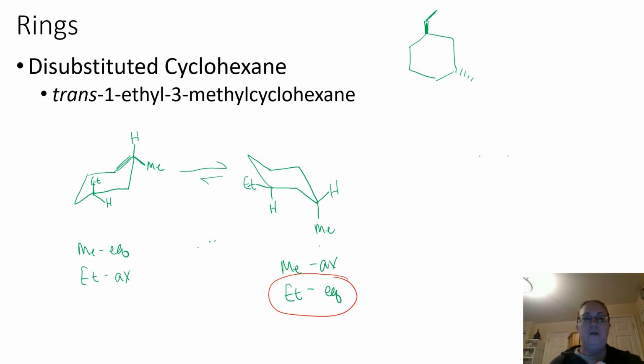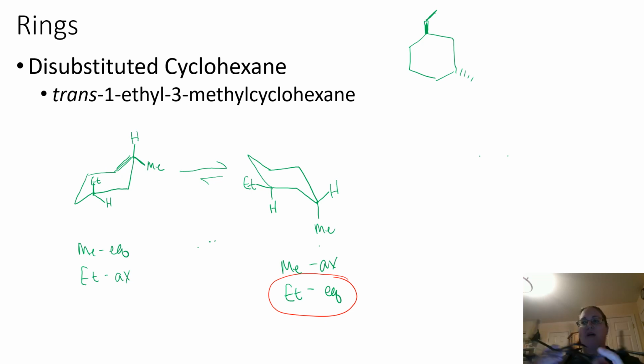What we want to be watching for here is that you do want to be able to do different orientations of those di-substituted rings, or even tri-substituted, putting more substituents on our ring in terms of the trans and cis relationship. I would encourage you to practice some more with those trans and cis relationships in positions other than 1 and 3 and look at the relationships that they have.